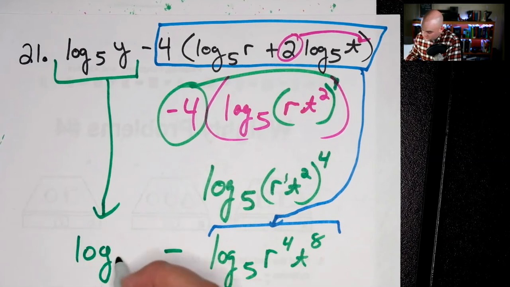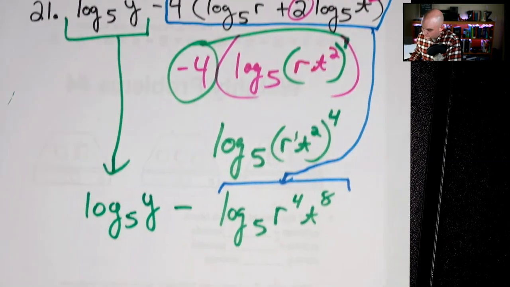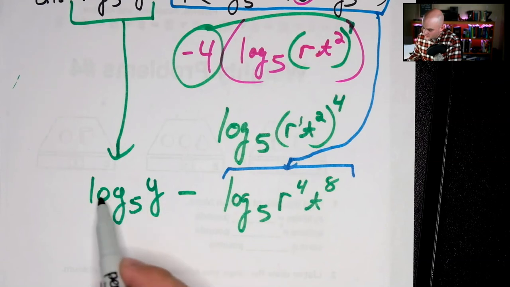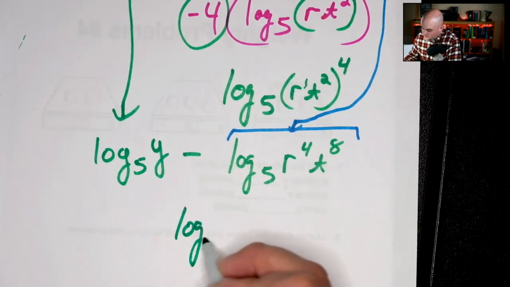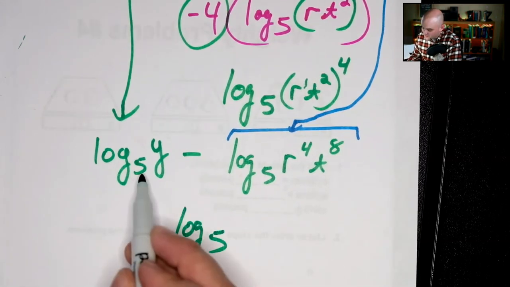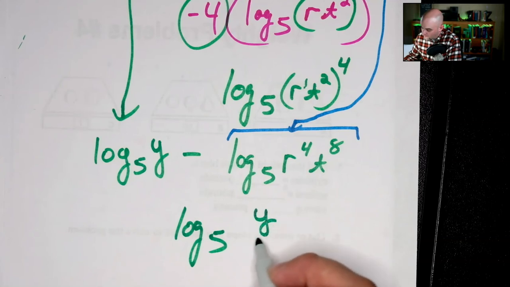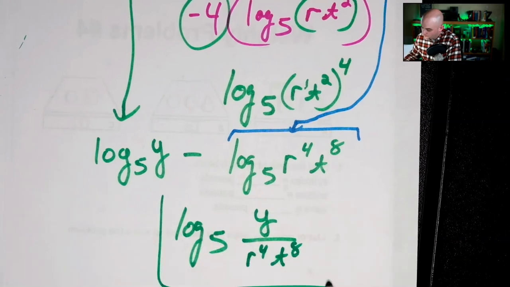So we've got log base 5 of y in here. And so now I got log base 5 of something minus log base 5 of all that mess, and I can combine it and say this is the same thing as log base 5 of y over r to the 4th and t to the 8th power.